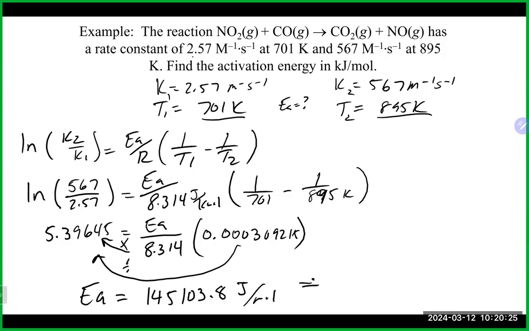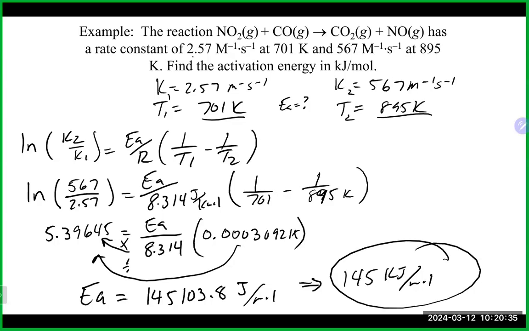Again, it's typically given in kilojoules, so I'm going to divide it by 1,000, and I'll call it about 145 kilojoules in this case. Again, it's a positive number, so it should be a positive number when we get our activation energy. Any questions on that there?